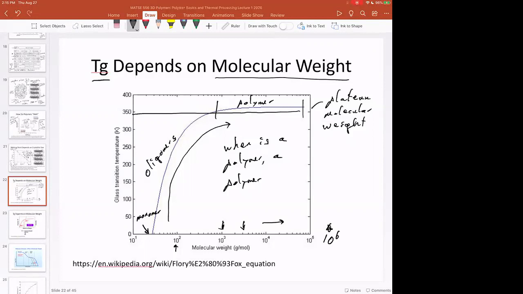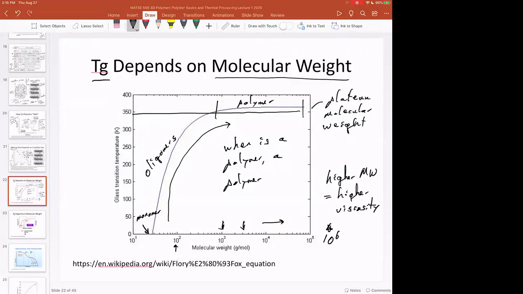How about a high viscosity? Yeah, that's exactly what I was going to say. So higher molecular weight equals higher viscosity. And higher viscosity is going to take more energy to process, as you'll see.